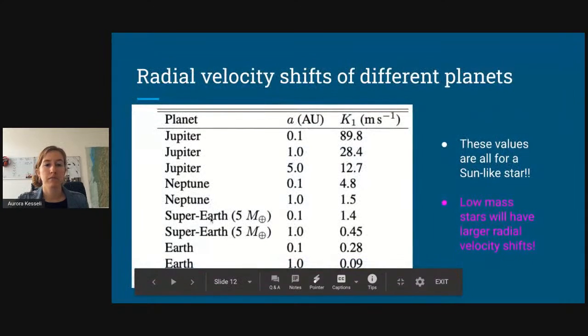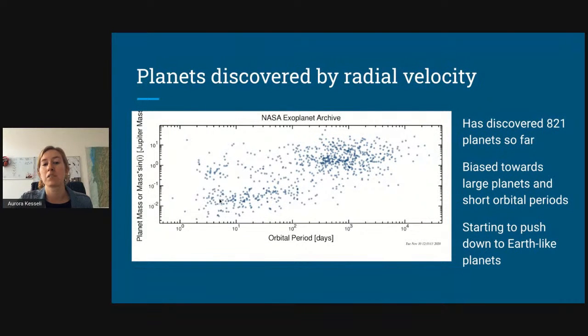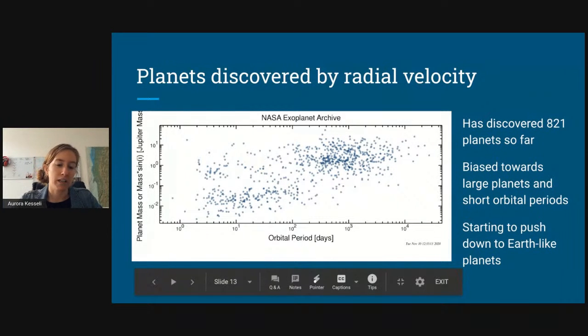To detect an Earth mass planet, it's still easier to detect it at a smaller orbital distance. So so far, for the lower mass planets, we are only able to detect those at closer orbital distances. But hopefully with our new instruments, we'll start filling in this part of parameter space down here, since to detect an Earth-like planet in the habitable zone, we need to be filling in something over here.